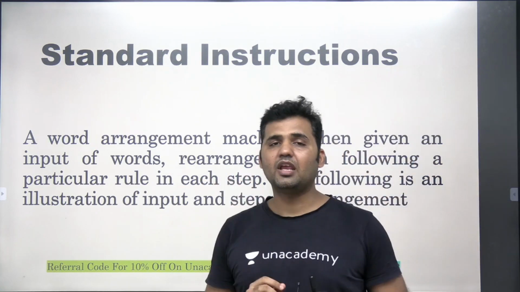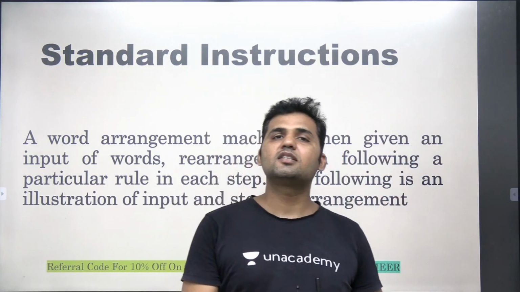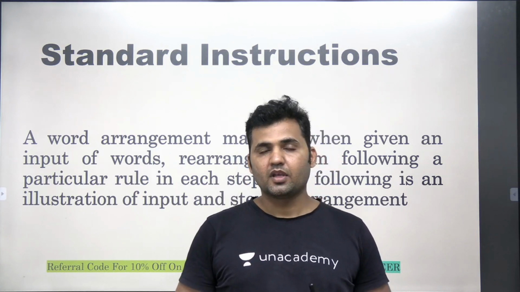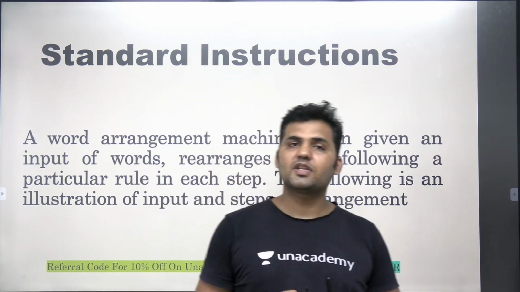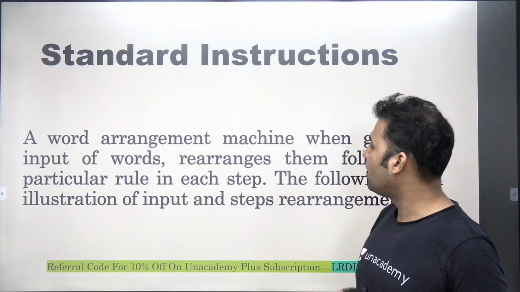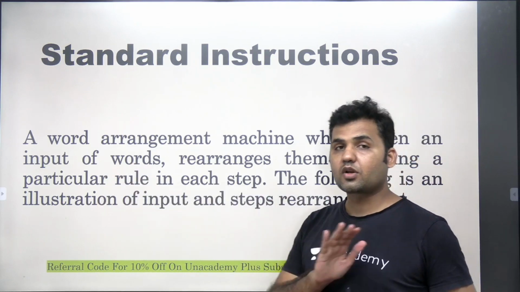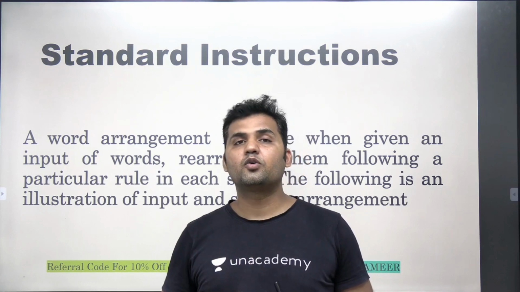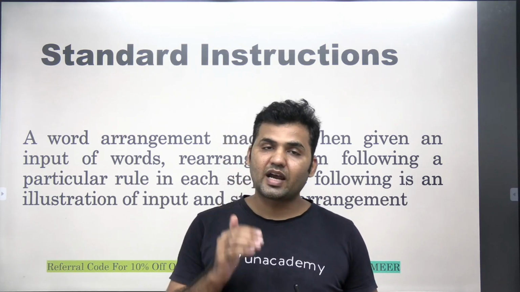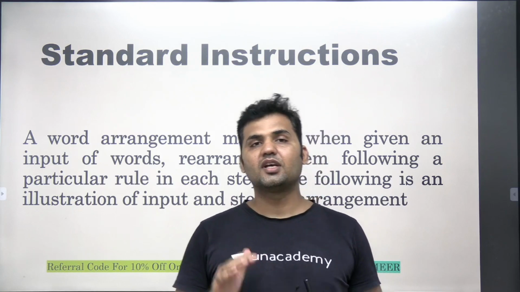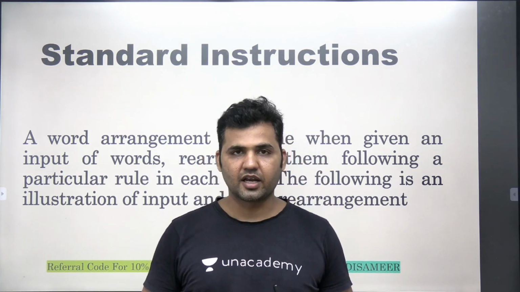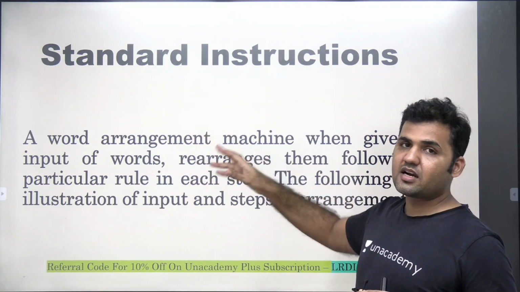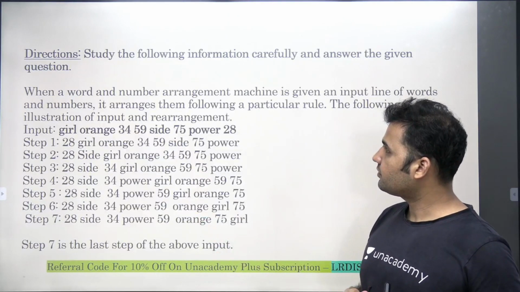That means there is a machine which rearranges the words and numbers which you enter as an input. Now, the arrangement of the data and the words depends on some particular rules. The rules are not mentioned. You have to observe the step-by-step output of the machine and find out the rules based on which the machine is arranging the complete data.